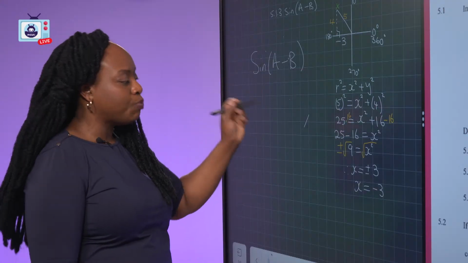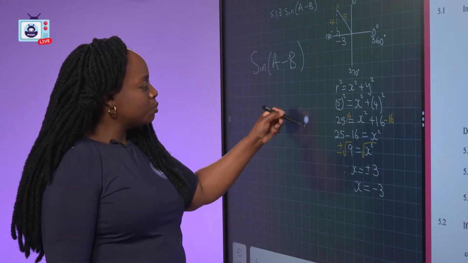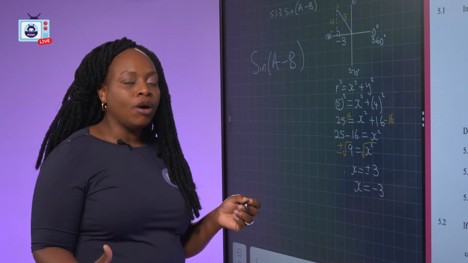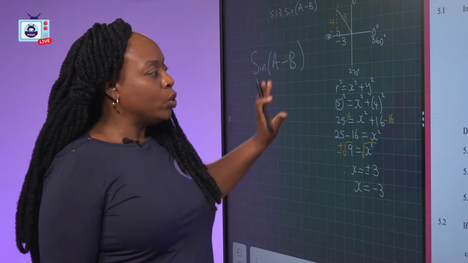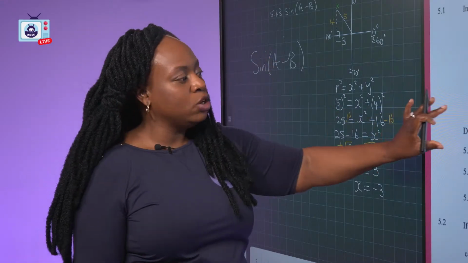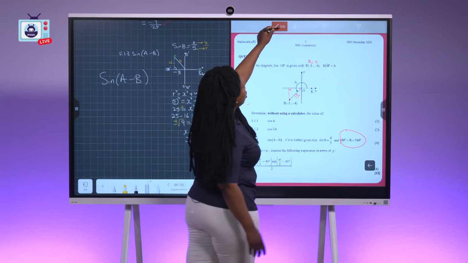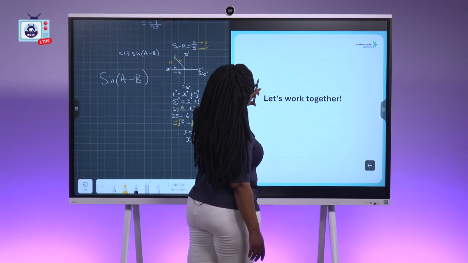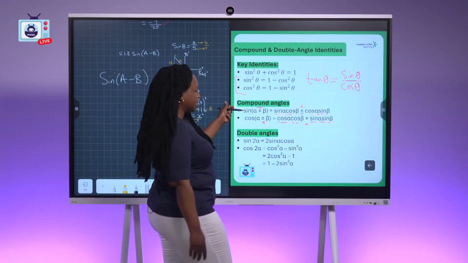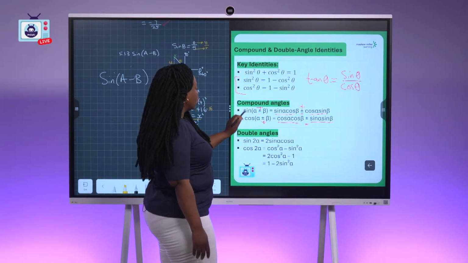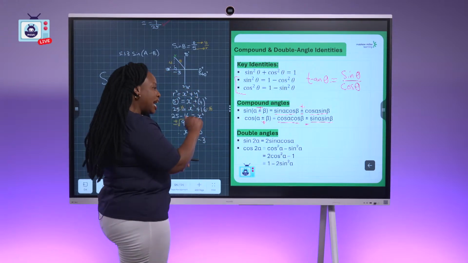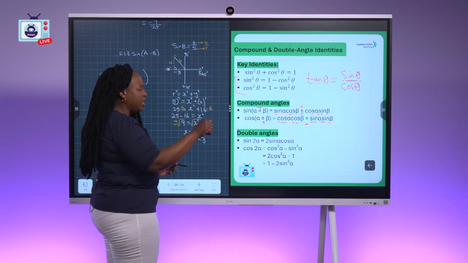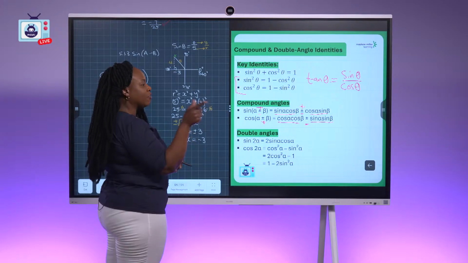No, we need to expand. So how are we going to expand? We're going to go back to our formulas that we talked about, which look something like this. In your space, you're going to have it on the formula sheet, right, on the formula sheet. So you're going to have your sine alpha or sine A and B, depending on what they give you, but you have to adapt.